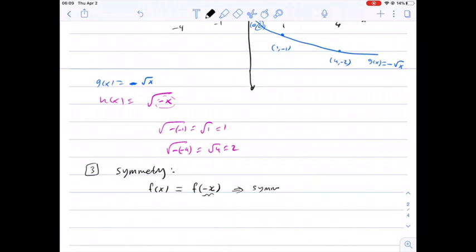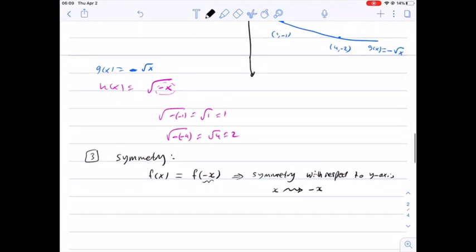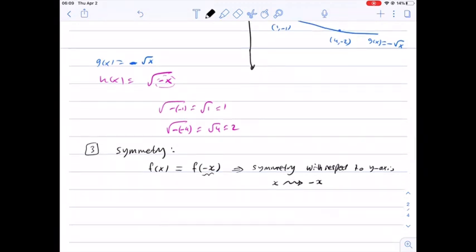This is called symmetry with respect to the y-axis. So here x becomes negative x and we still have the same y.